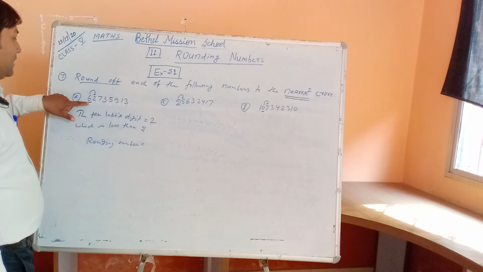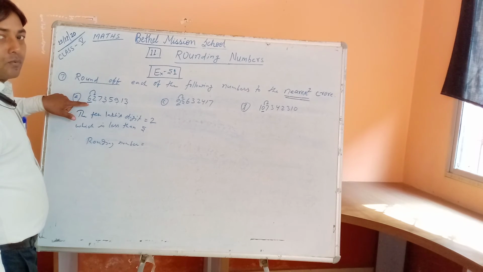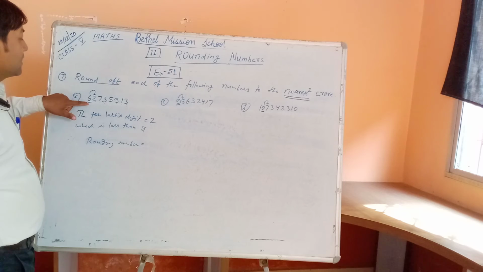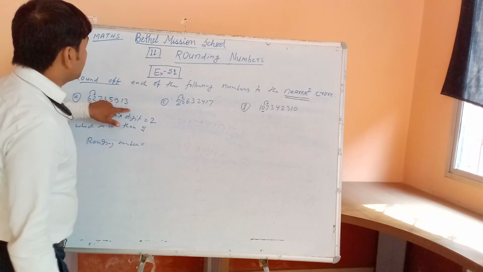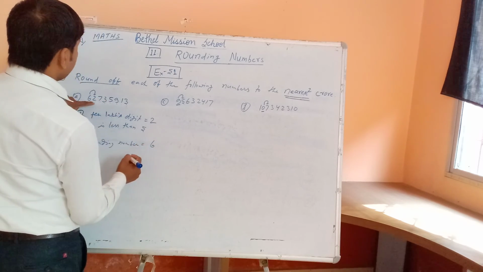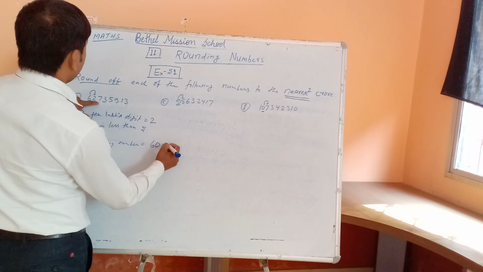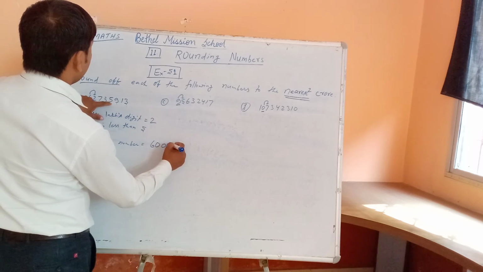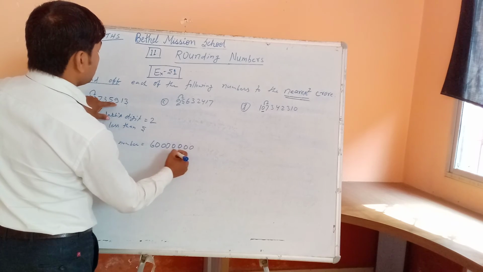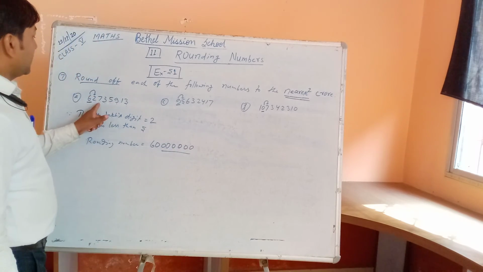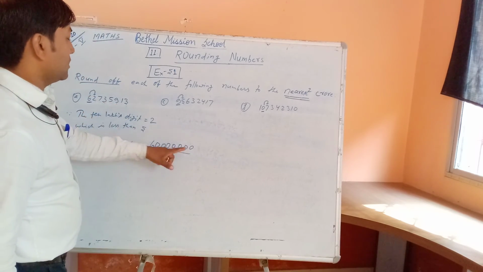That's why we will not add plus 1 in the crore place, and the rest becomes 0, 0, 0. It means 6, and then all the rest are zeros.